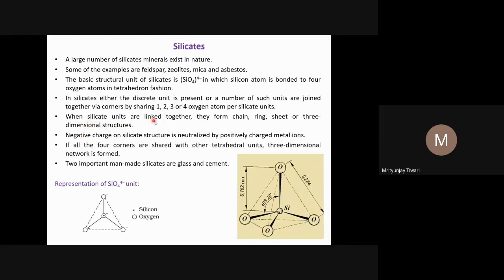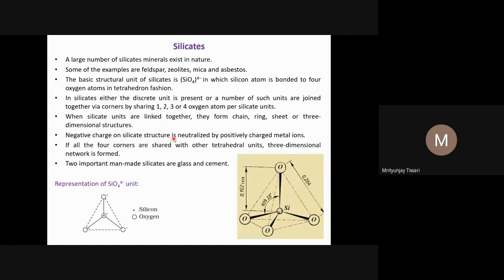When silicate units are linked together, they form chains. They may form rings, or sheets, or three-dimensional structures as well.